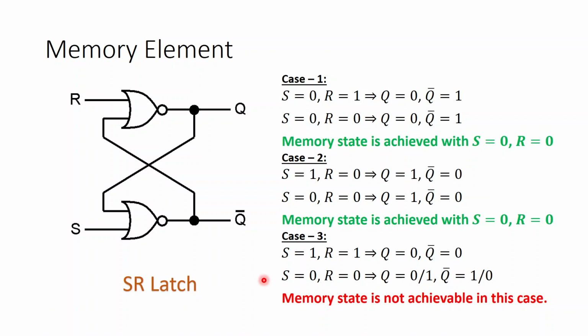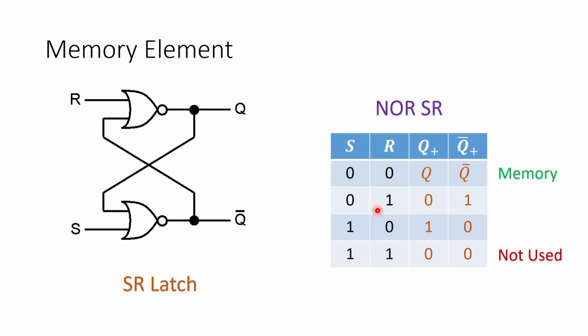But if you are restricting the user from giving S equals to 1, R equals to 1, then in the other conditions you see S equals to 0, R equals to 0 will be the memory state. So this is how we are actually defining the truth table. S equals to 0, R equals to 0 will be the memory state.